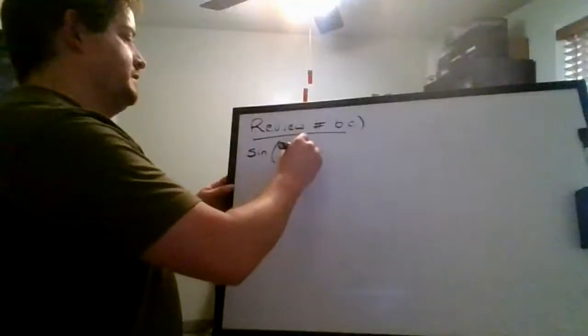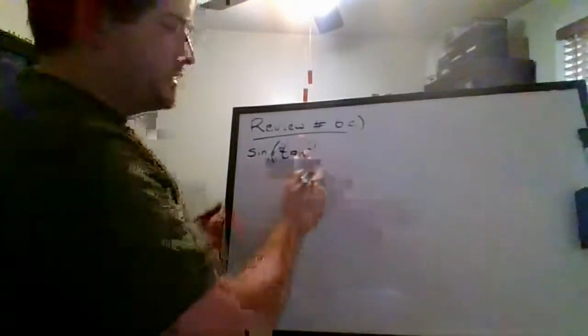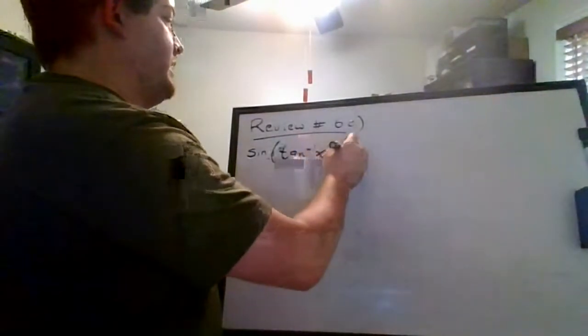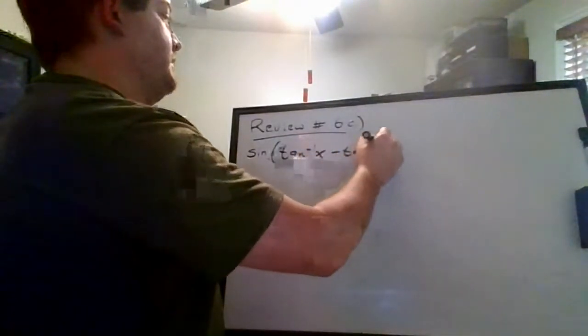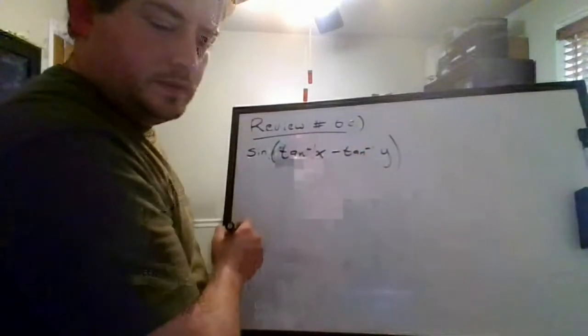So 6C says the sine of the tan inverse of x minus the tan inverse of y.